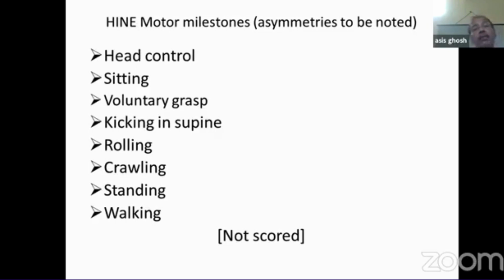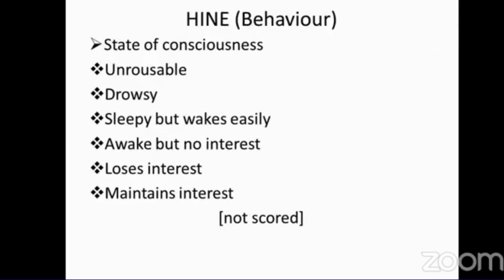So HINE milestones look at the child's head control, sitting, voluntary grasp, kicking in supine, rolling, crawling, standing, and walking. HINE also looks at the behavior of the child. Under behavior, you look at the child's state of consciousness, whether the child is unrousable, drowsy, sleepy but wakes easily. You need to make out and come to a judgment on what it is.